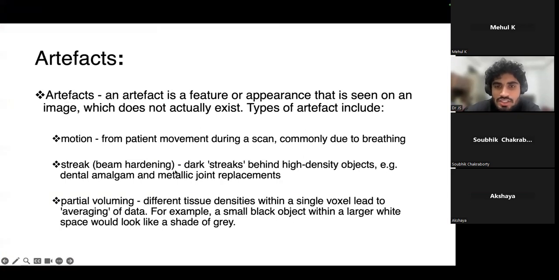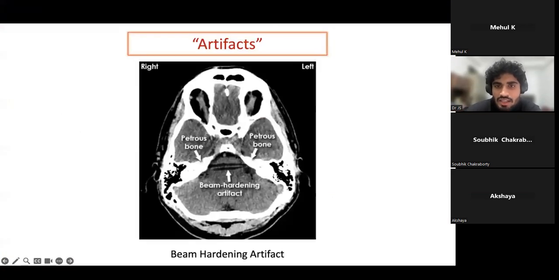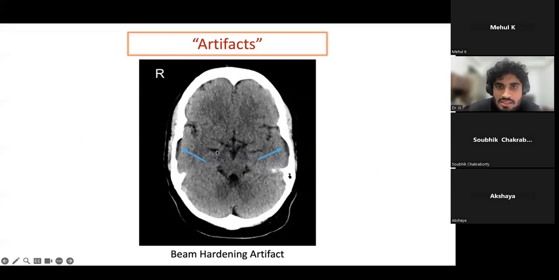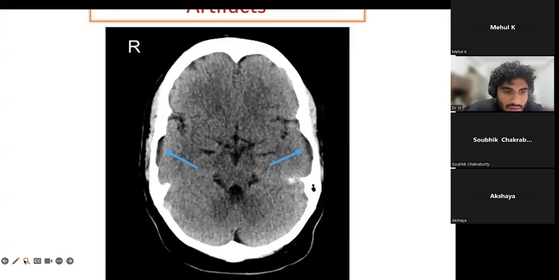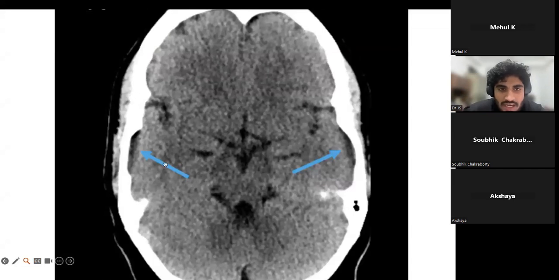When you're seeing this image, this is an average of some pixels. So we call it a voxel, not a pixel. Each image is made up of pixels. You have seen pixelated images, right? If I zoom in here, you can see the pixelation of it.